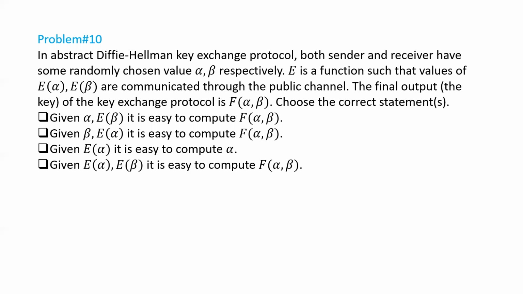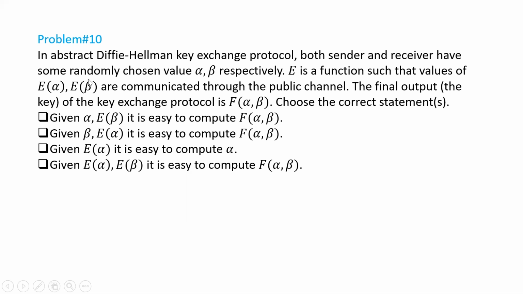So basically, it is the required property. We are actually not discussing the exact instantiation of the Diffie-Hellman key exchange protocol. When we abstract that protocol, we are not exactly defining what functions E and F are.